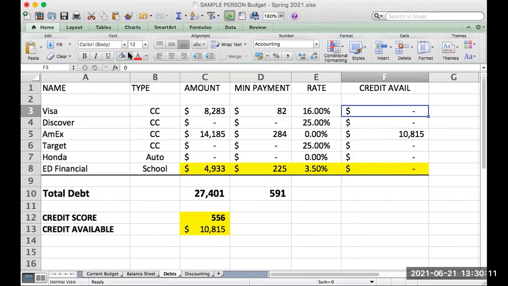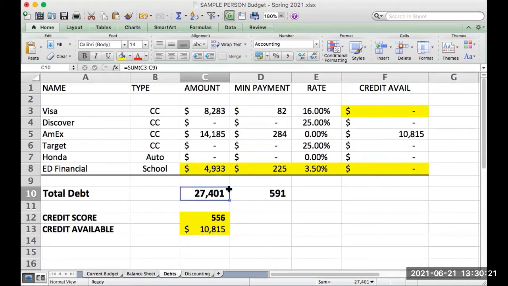We don't know what it is on the Visa. There will be a number for that. And it's somewhere. It's just on something I haven't seen. And then we have our student loan here. So right now, we owe $27,401, and we have monthly payments minimum of $600. That's pretty small, that's $600.